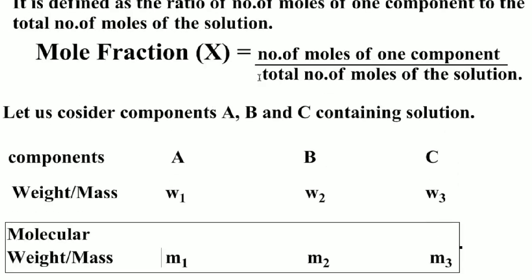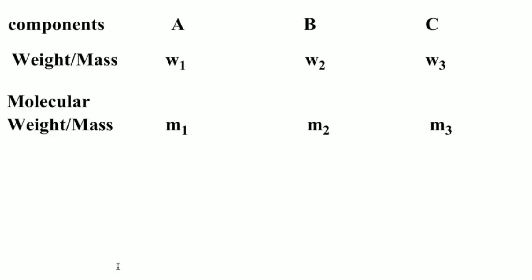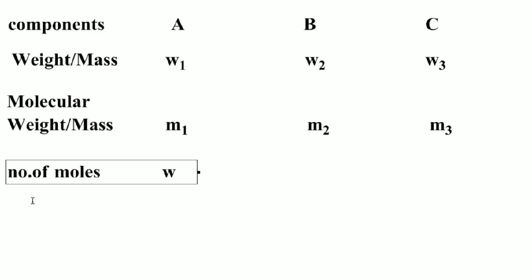Now the number of moles of the components. The number of moles of A becomes weight by molecular weight, that is W1 by M1. Students, we know that the number of moles of a component is equal to weight by molecular weight.